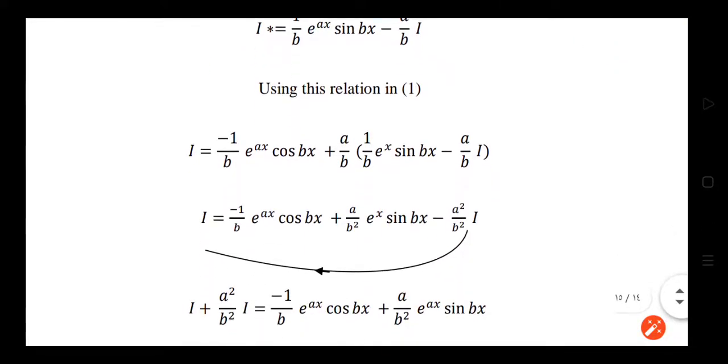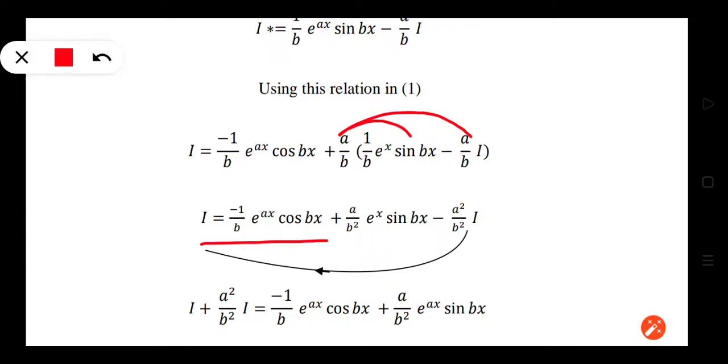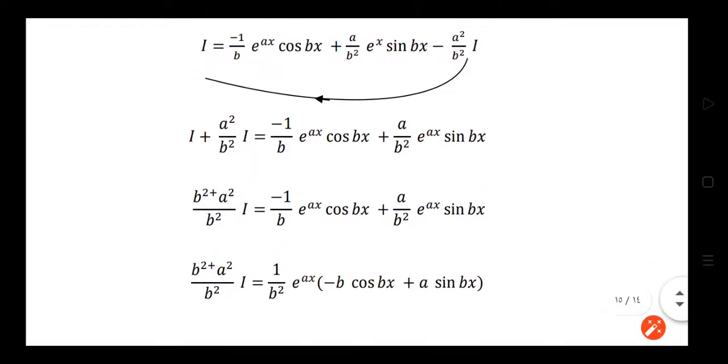Now to find it in the simplest form, it will equal negative 1 over b e power ax cosine bx plus a over b squared e power ax sine bx minus a squared over b squared I. This relation we can write in the form I plus a squared over b squared I, and with a common denominator it equals b squared plus a squared over b squared.